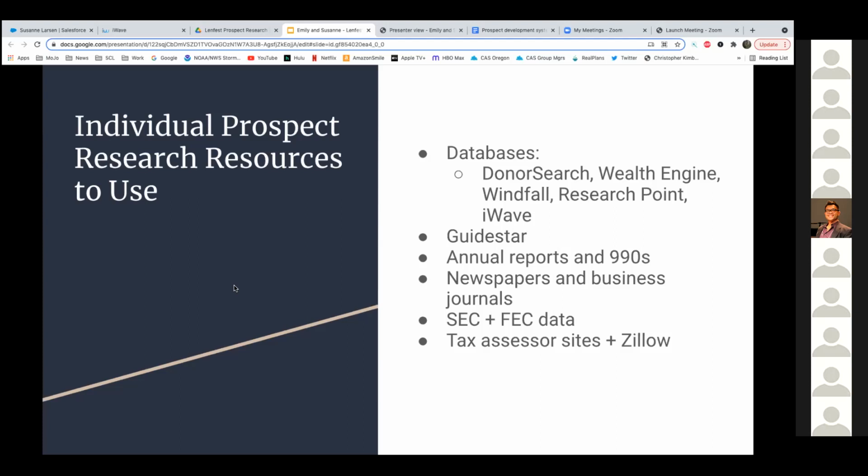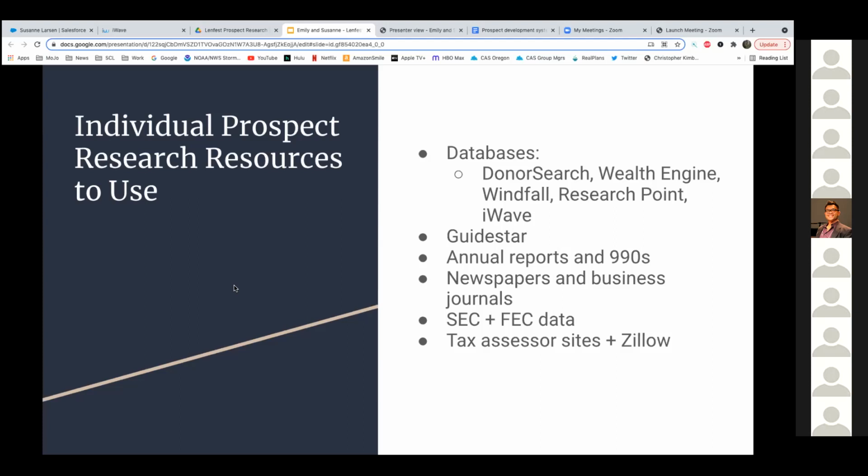So now we can talk about some resources that you can use to help you conduct research. First, you can use databases like Donor Search, Wealth Engine, Windfall. There are a bunch out there. These usually do have an annual subscription cost. But if a database isn't in your budget for this year, GuideStar is a really great resource.